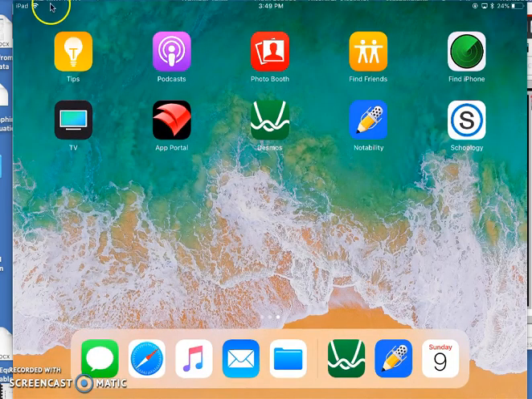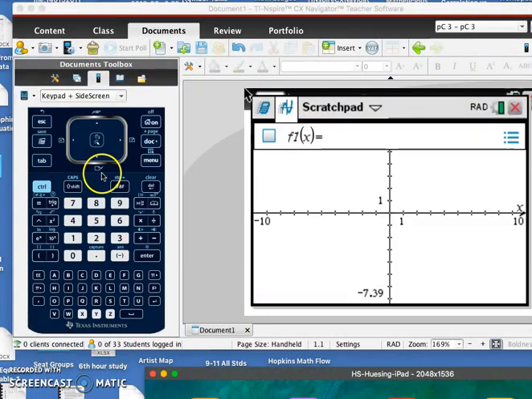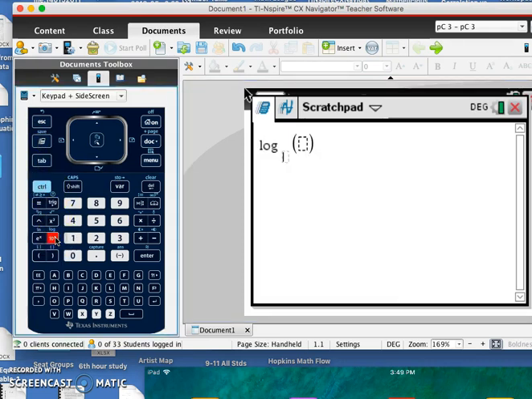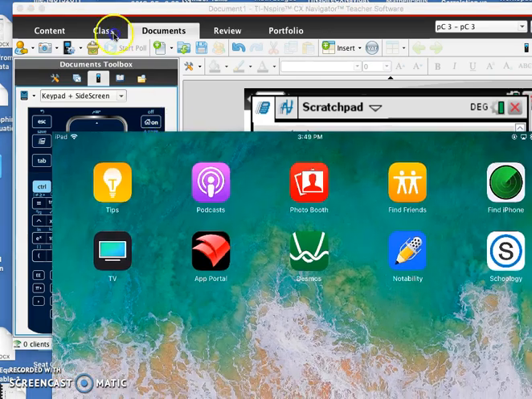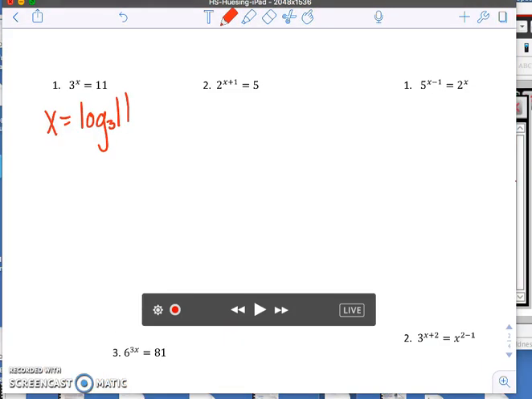If you're using one of the Inspires, just go to your scratch pad, and then your log key is in blue. So Control log base 3 of 11, and we have 2.18. You'll want to get comfortable with those keys. We'll be using them quite a bit. So x equals 2.18.